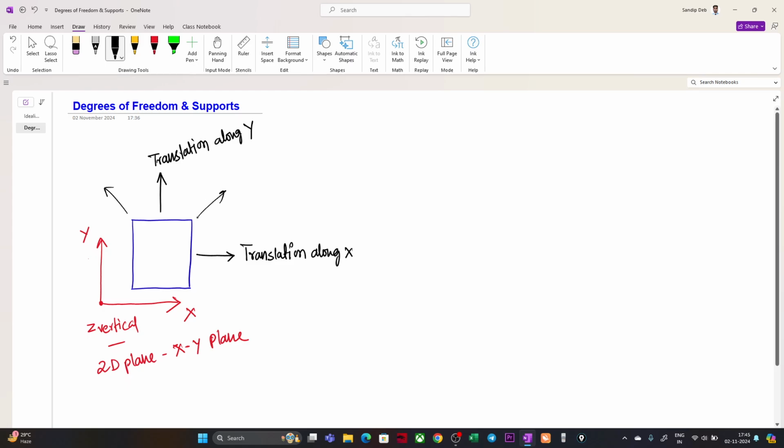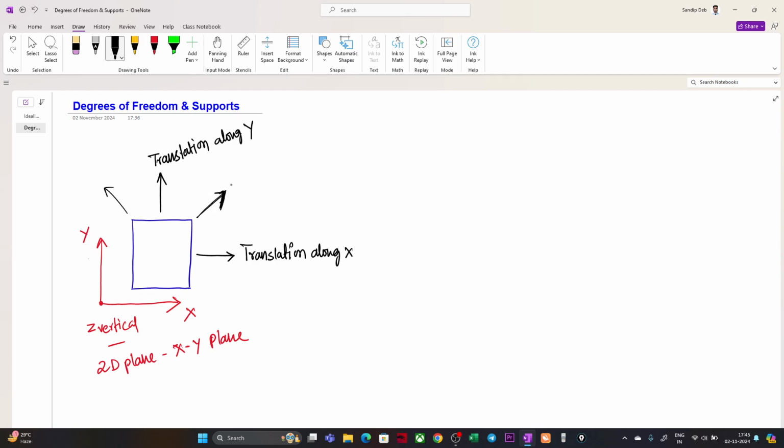But when you are moving this paper along a direction, you do not only need x, or only y, you need both x and y coordinates to define the motion of this particular system.